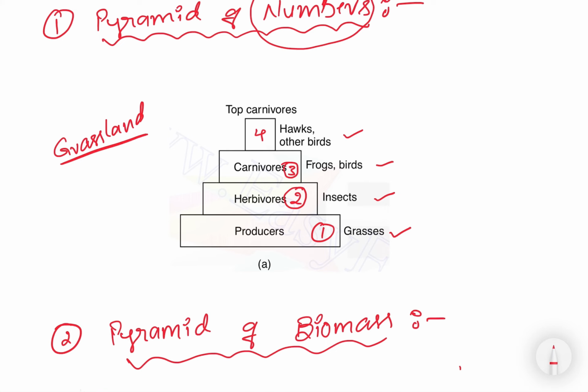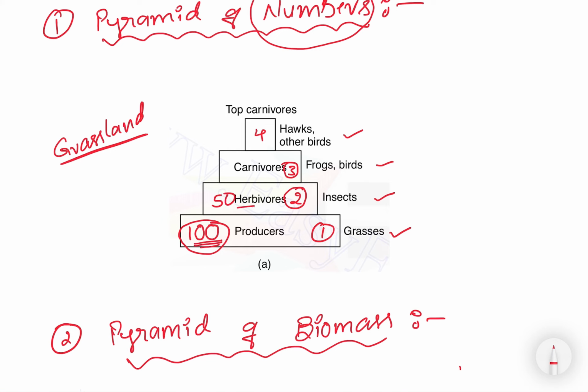Now, for better understanding, let us put these in terms of number. In a grassland ecosystem there might be 100 grasses, because producers play a vital role in any ecosystem and their dominance is generally high. Since grasses are 100 in number, they can feed only 50 herbivores.